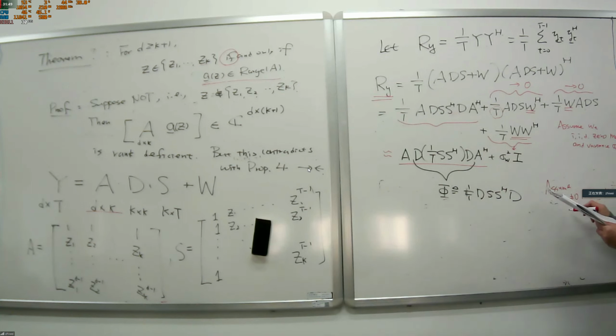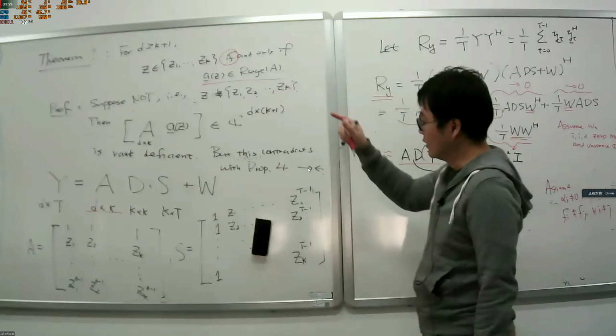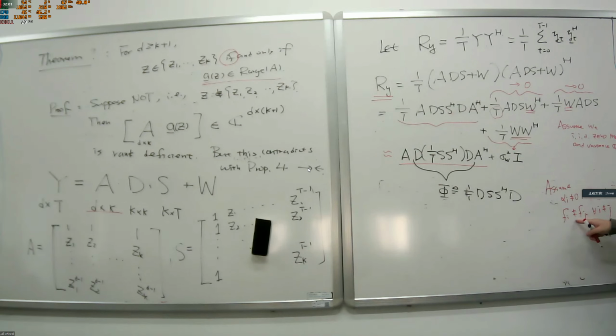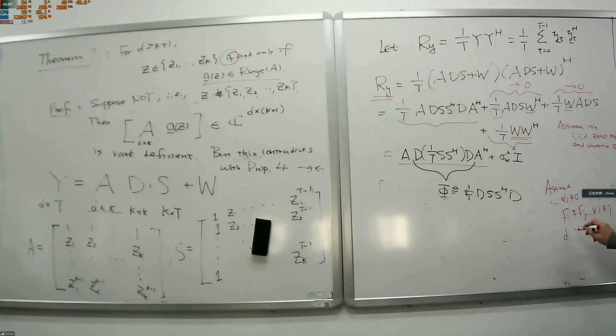Also, the frequencies are not the same, so we assume z1 to zK are not the same. We also assume D is greater than or equal to K plus 1, and T is greater than or equal to K.